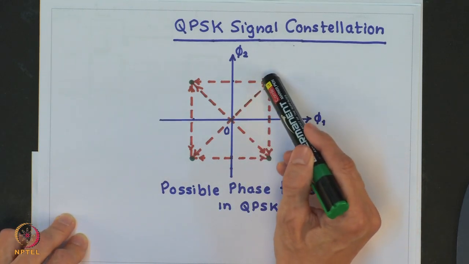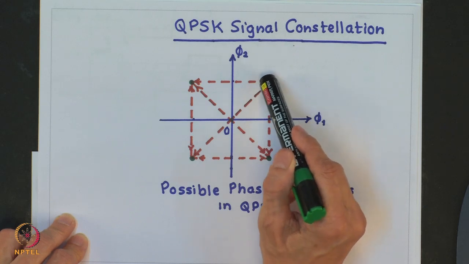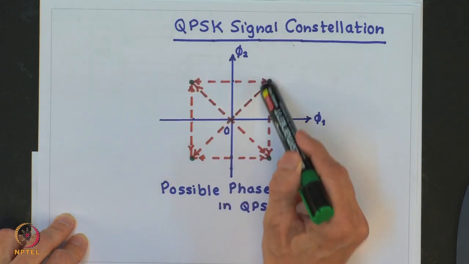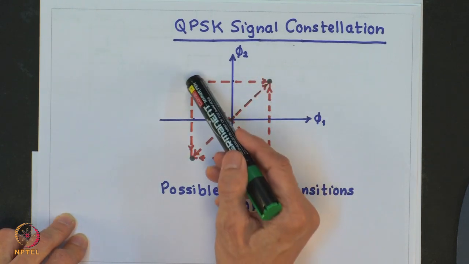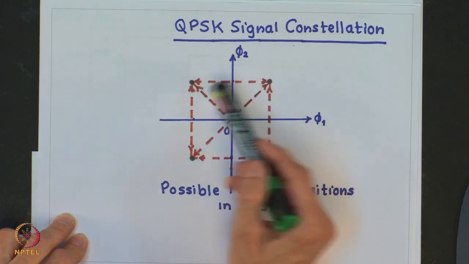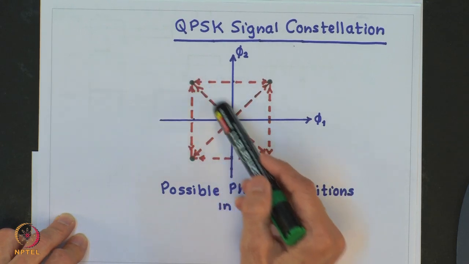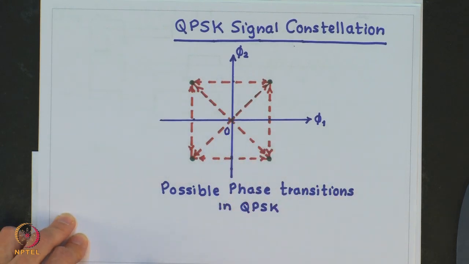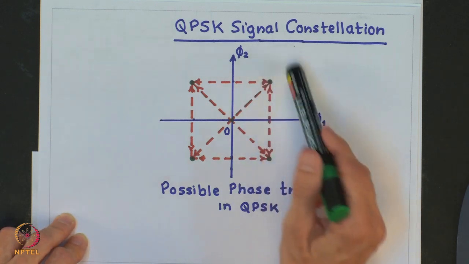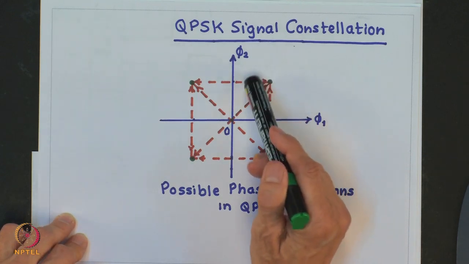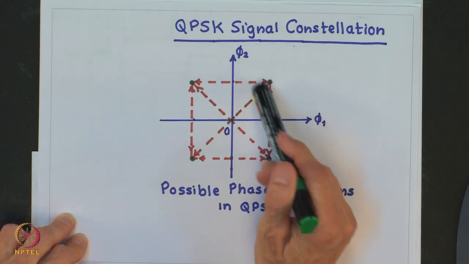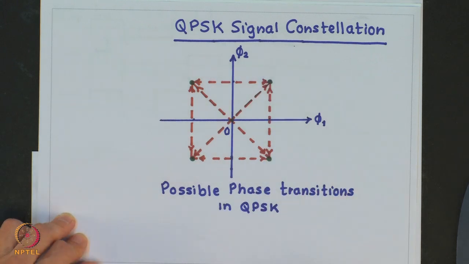So, if you are in this state, then it could go either here, or here, or here. And similarly, if you are in this state, it could travel in any of these dotted paths. So, it is reasonable to assume that on an average a phase change of 90 degrees per state will occur.